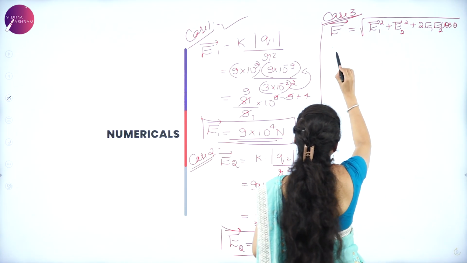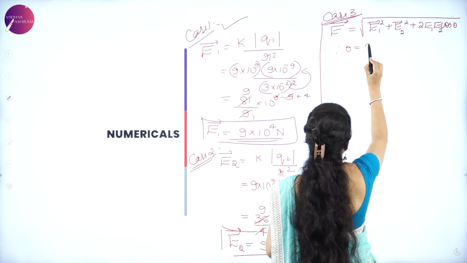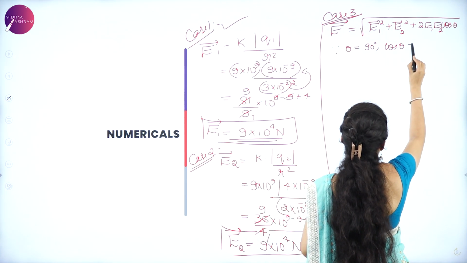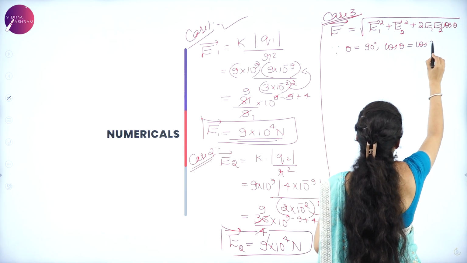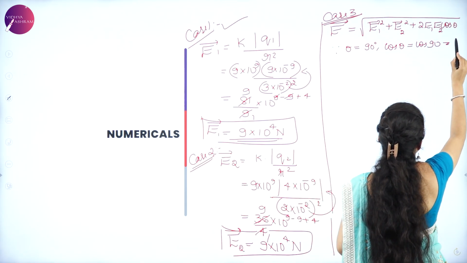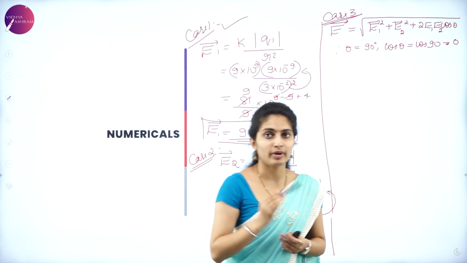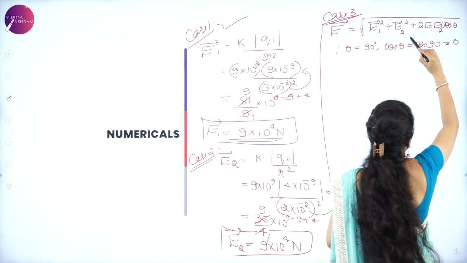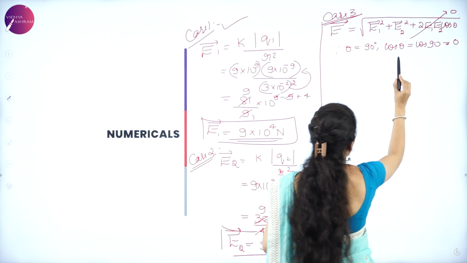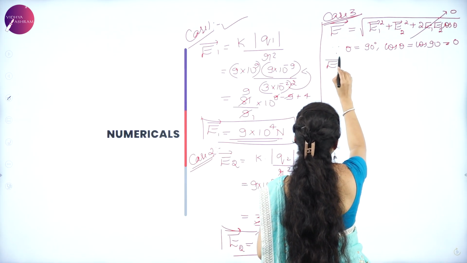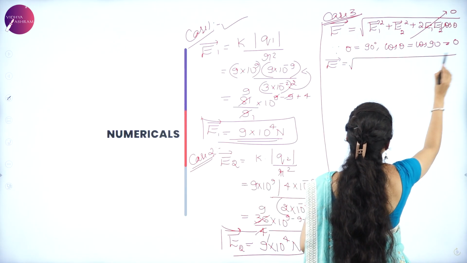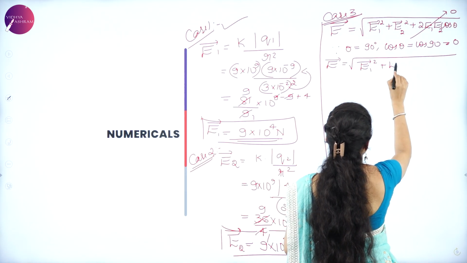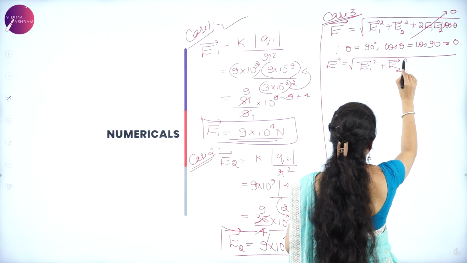Since theta is equal to 90 degrees, cos theta is equal to cos 90, which is 0, as you know the trigonometric condition. So cos 90 is 0, then the whole term cancels to 0. So now we have total electric field vector E is root of E1 vector square plus E2 vector square.